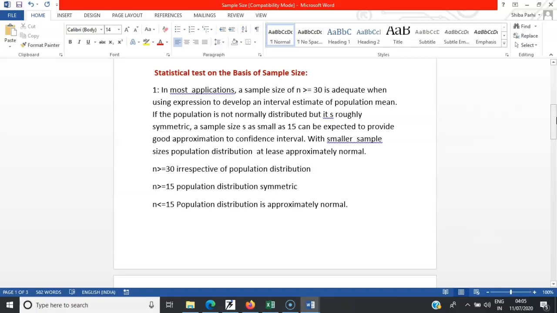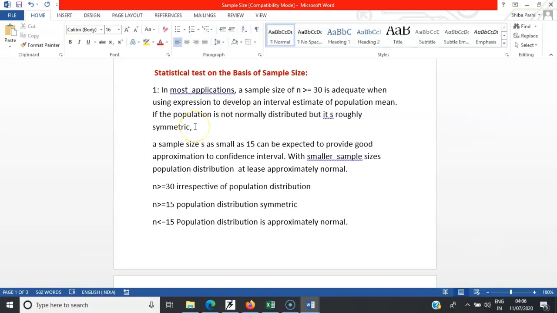In most applications, a sample size n greater than or equal to 30 is adequate when using the expression to develop an interval estimate of the population mean. If the population is not normally distributed but is roughly symmetric, a sample size as small as 15 can be expected to provide a good approximation. A sample size of n greater than 30 is adequate when it is not normally distributed but roughly symmetric.